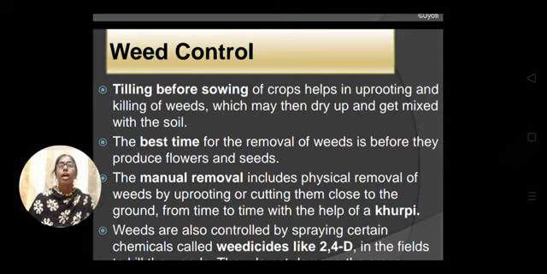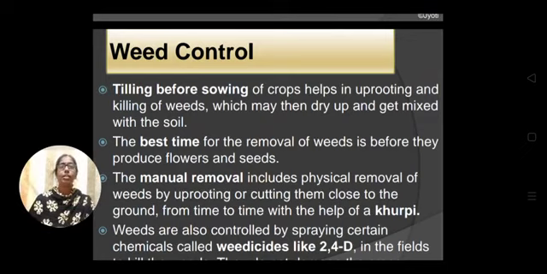Usually the farmers who are not able to afford much remove the weeds manually. That includes physical removal of weeds by uprooting or cutting them close to the ground from time to time with the help of a khurpi.